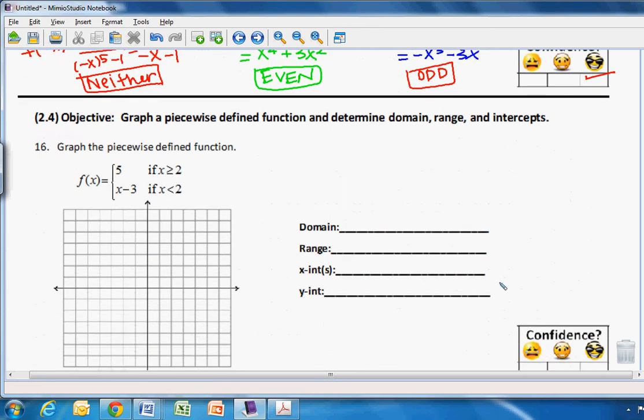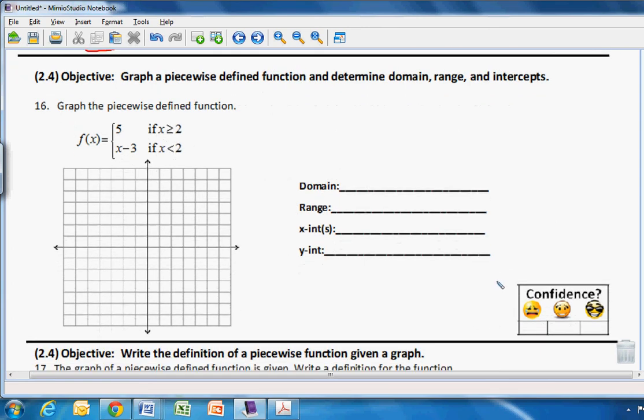All right, let's keep going. Oh, piecewise, so fun. All right, so we have two pieces of this function where x is 5, where usually we would go up to 5, 1, 2, 3, 4, 5, and we would just draw a horizontal line.